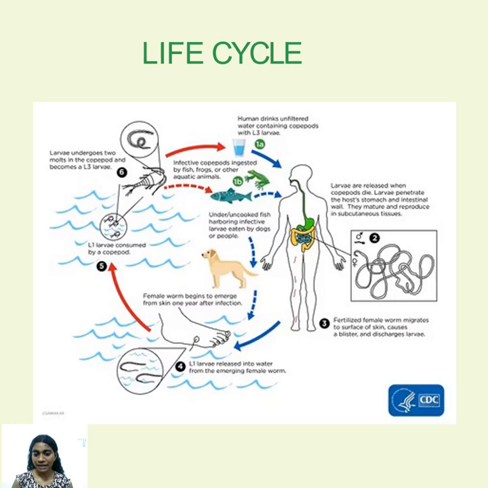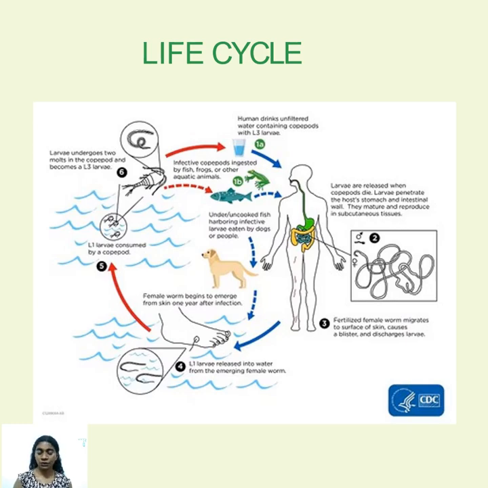So first stage larva is released into water from the emerging female worm. Female worms emerge from the skin 1 year after the infection. This is simply like when a blister is formed, the larva will discharge from the skin surface, and once it goes into the water, the water gets contaminated again.